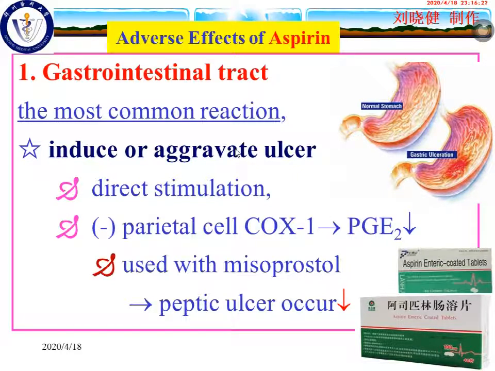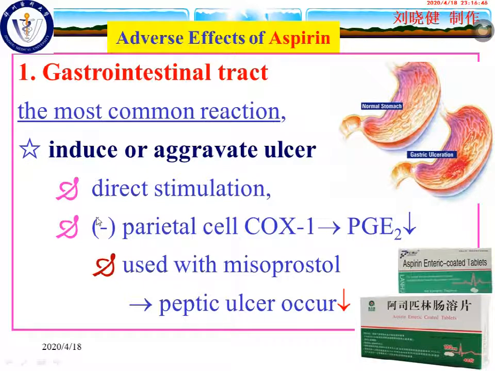So aspirin enteric-coated tablets are more popular, and you can also suggest the patients to take aspirin with meals, to try to decrease this local irritation in the mucosa of the stomach.